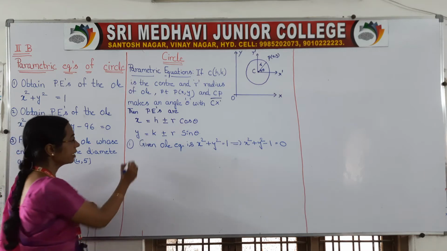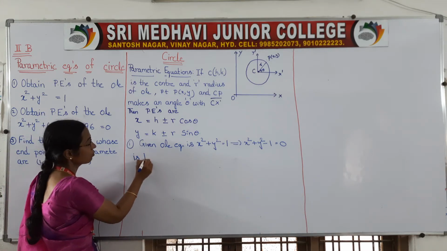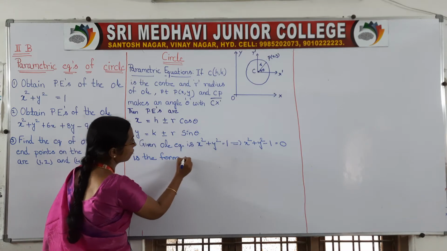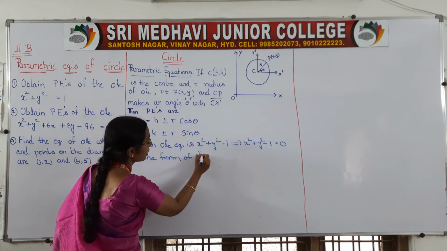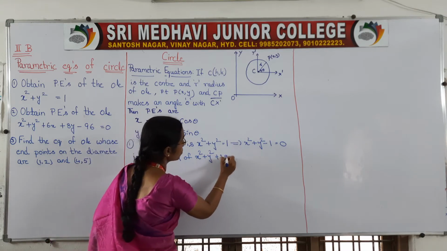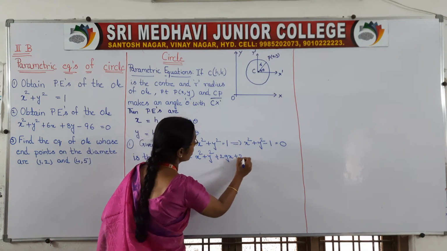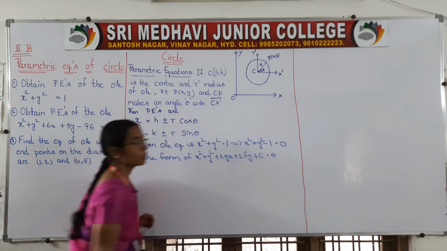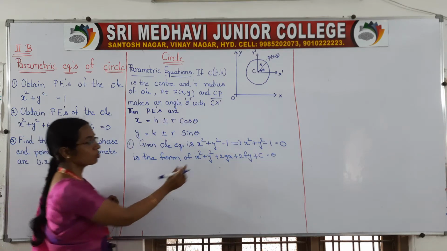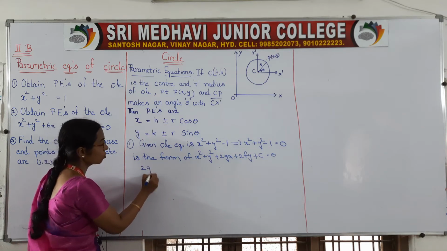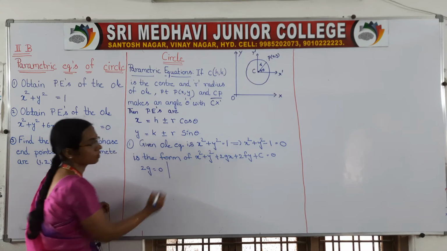Comparing that, it is in the general form x square plus y square plus 2gx plus 2fy plus c is equal to 0. Compare: there is no x term here, so we write 2g is equal to 0.